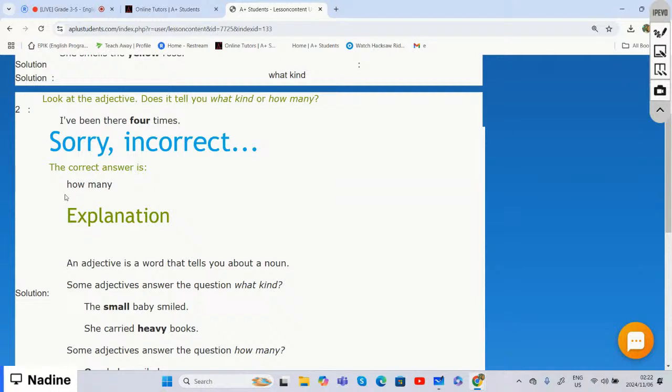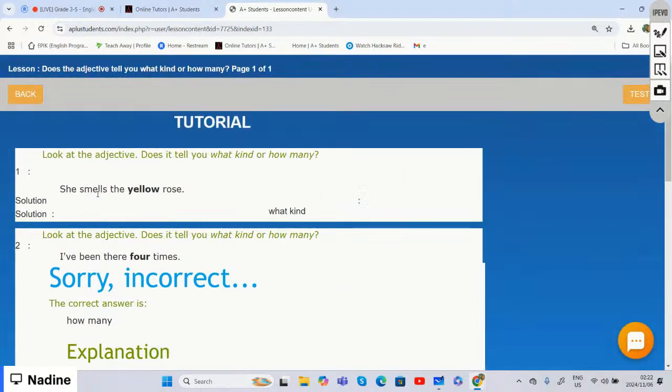All right. So we're going to look at, yeah, it says, smell as in smell, the scent, the fragrance. She smells the yellow rose. The word yellow that is in bold, does this tell us what kind or does it tell us how many?